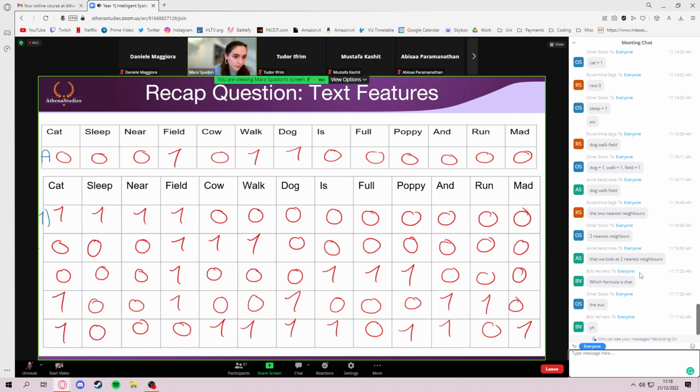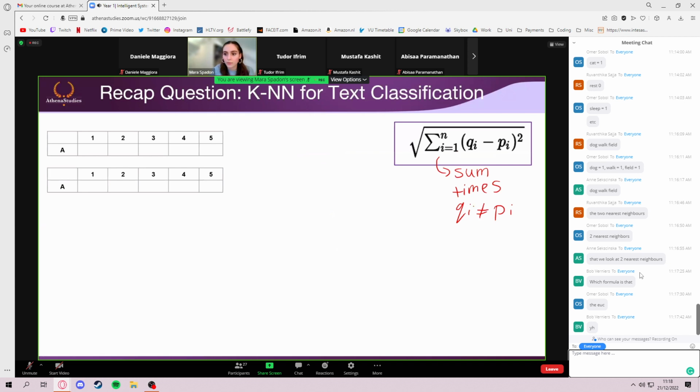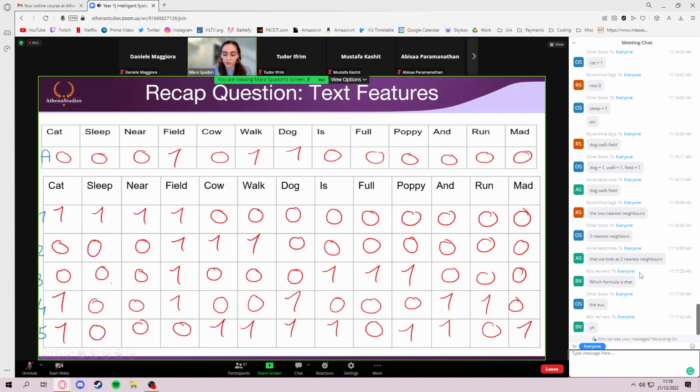Okay, so if I compare sentence A, which is our given sentence here, to our sentence 1. So this is 2, 3, 4, and 5. So how many times do you guys count where qi is not equal to pi? So if we go back, how many times is that the case here? We're comparing sentence A to sentence 1.